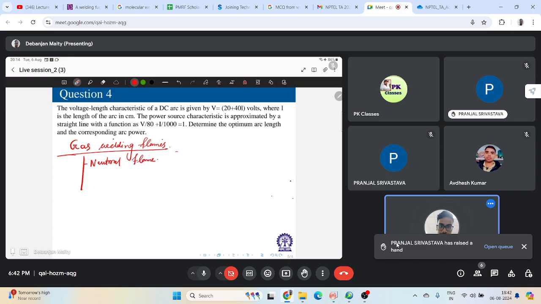You will have neutral flame. So here oxygen and acetylene are mixed in equal amounts, right? And they will be burned at the tip of the welding torch. So how we will characterize a flame. So over here, if this is your torch, let me first draw and then I'm explaining.